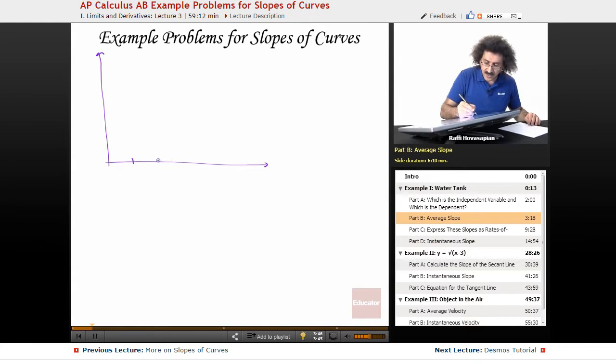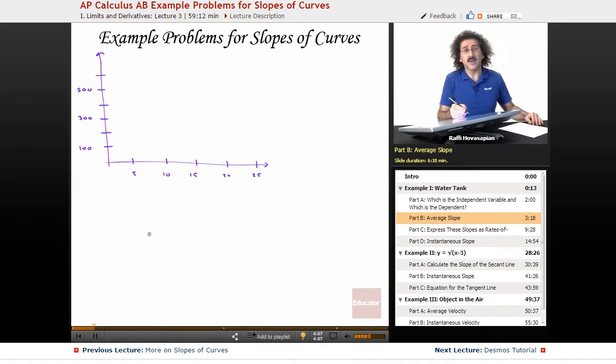I'm going to take 5, 10, 15, 20, 25 on the axis, and 1, 2, 3, 4, 5, up to 600. So this is 100, this is 300, and this is 500. I'm going to plot my points.